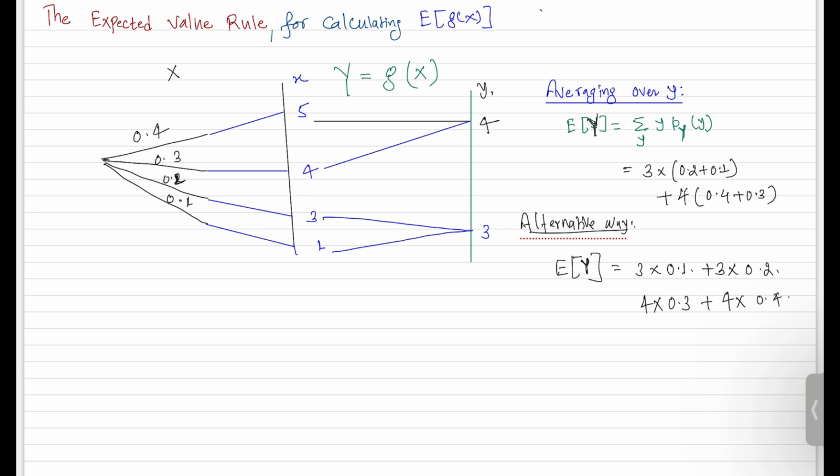If you look at what we have done here, this is 3, right? And this is the output of this function, that is y. So whenever x is 1, y is 3. So we can write this as g of 1, because g of 1 is 3.